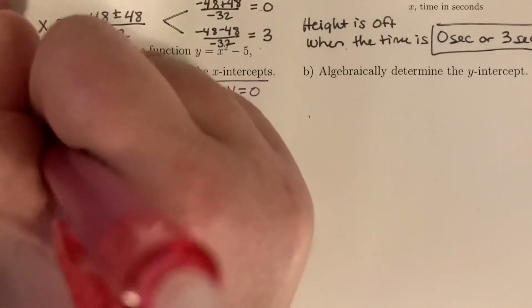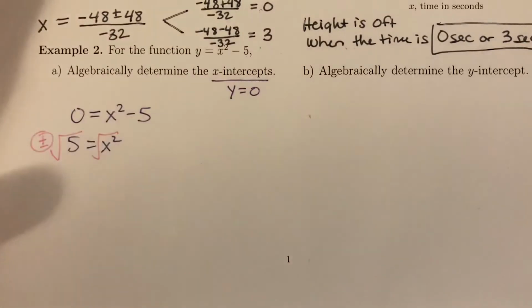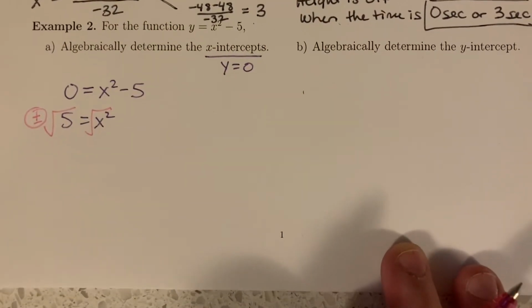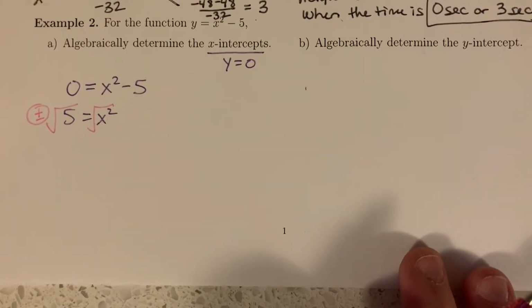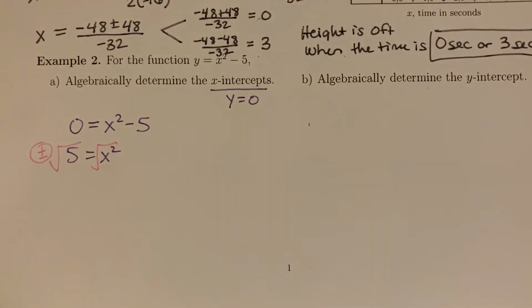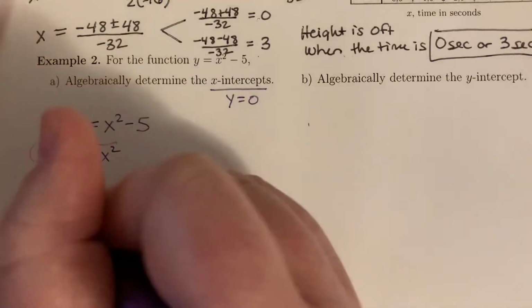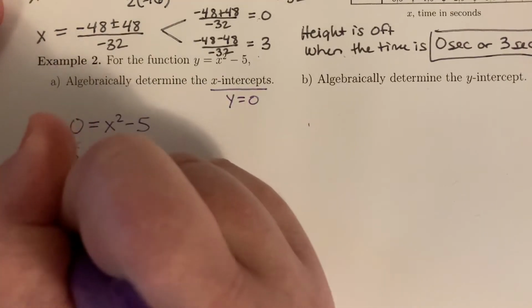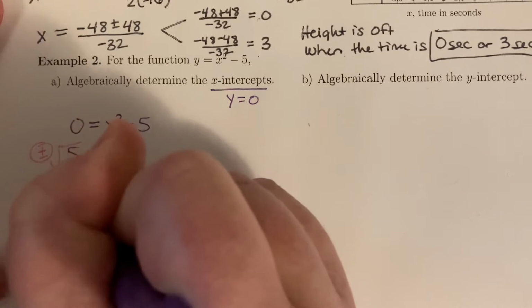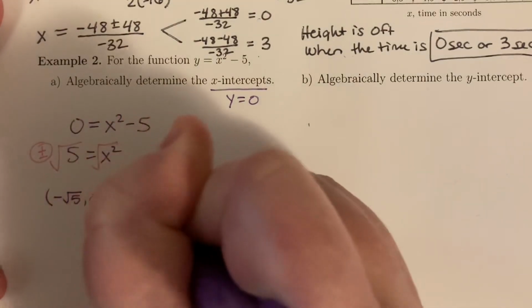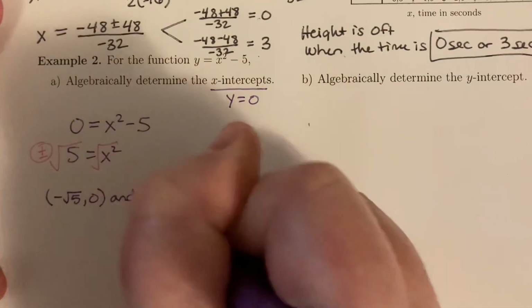One thing you have to remember though is the plus or minus. Anytime you use the square root property, meaning square rooting both sides, you have to use that plus or minus. So here our two x-intercepts will be at negative square root of 5 comma 0 and positive square root of 5 comma 0.